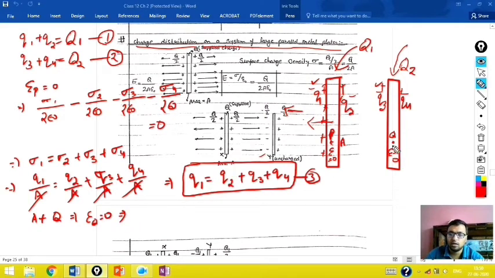Electric field at Q will have one portion due to this positive charge plate, due to this infinite plate, and one due to this, and one due to this.